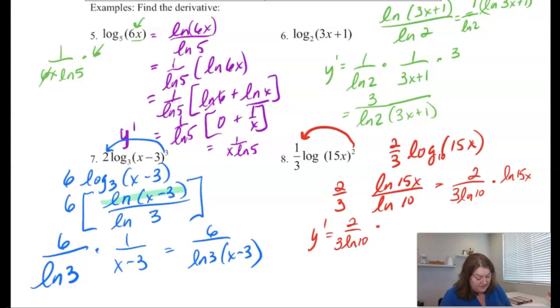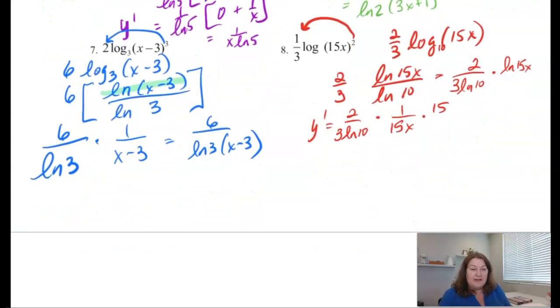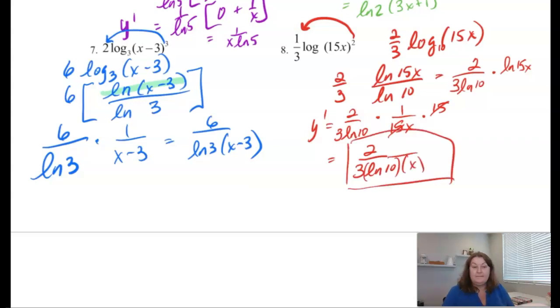And then I'm going to take the derivative of the ending thing, which is 1 over 15x times 15, and then it's just a whole bunch of simplifying. What could I simplify? Well, the 15s cancel for sure, right? So now I just have 2 over 3 ln of 10, and then we just want to make sure the x is not part of the ln. Awesome. Let's practice.